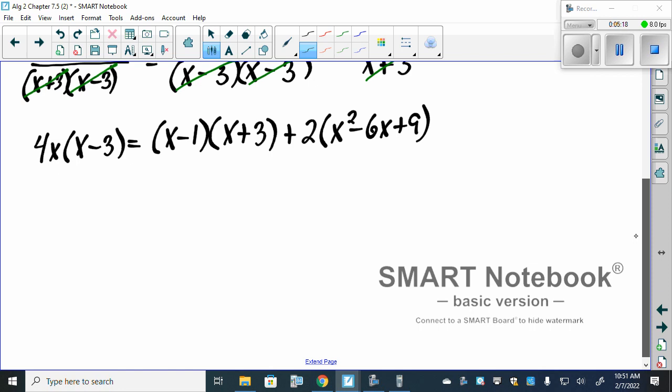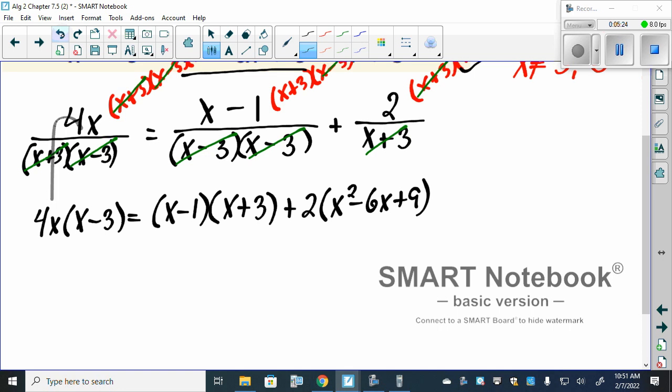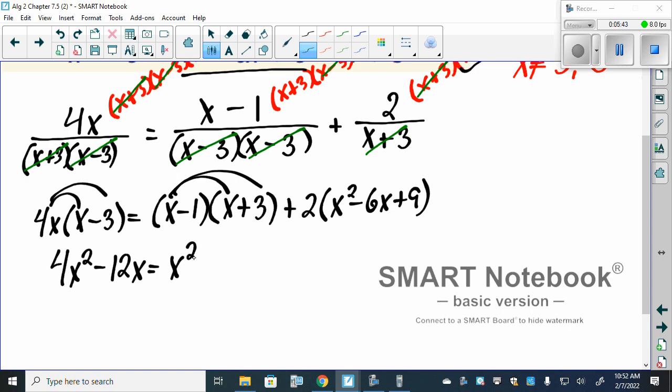Now at this point, we need to solve, so we do need to use our distributive properties. Here we can multiply through with the 4x. 4x times x would give us 4x squared. 4x times negative 3 would be negative 12x, is equal to, first we're going to distribute the x. X times x is going to give us x squared. X times 3 is going to be plus 3x.